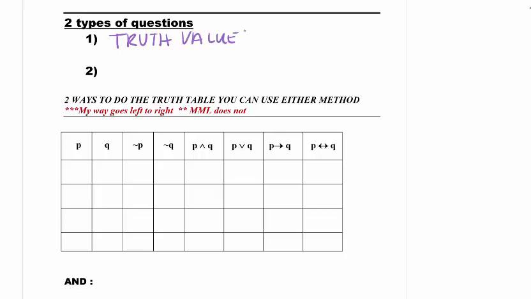This is either true or false, because we already know the values for the simple statements. So you're only going to get one answer for that type. The other grouping is going to be asking for a truth table, and you have to list all cases out.